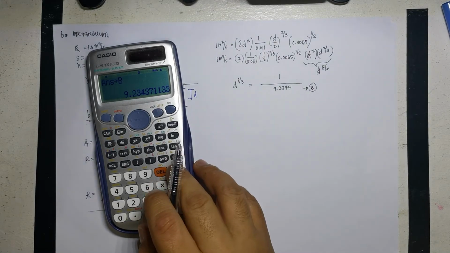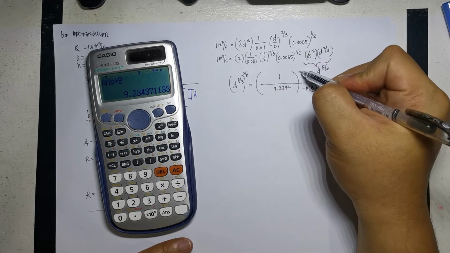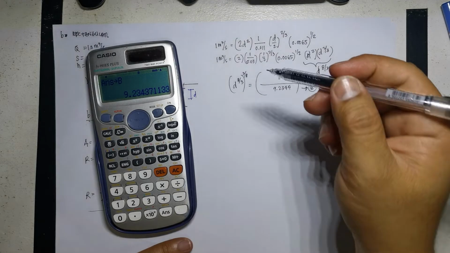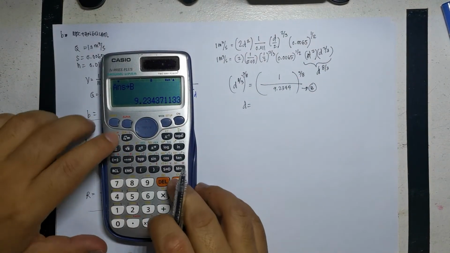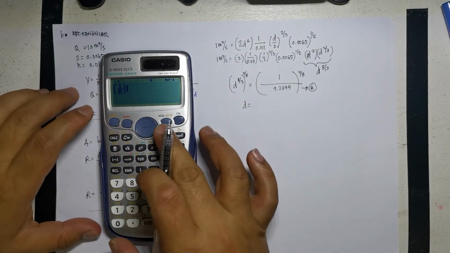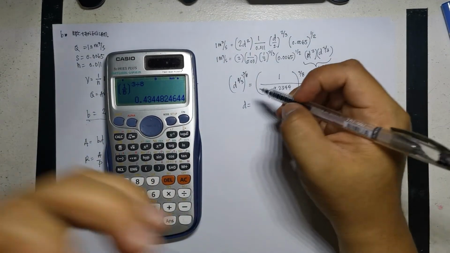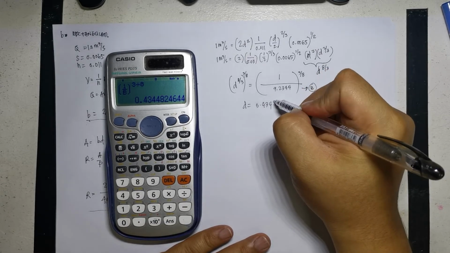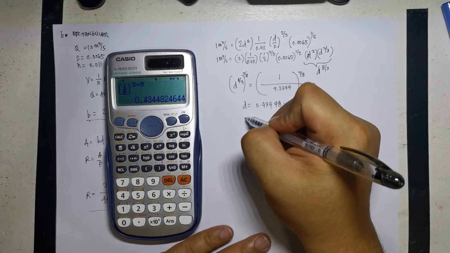So kapag ganun ulit, para ma-eliminate, i-raise natin sa 3 over 8, that will give us the value of D equal to 1 over B raised to 3 over 8. That gives us 0.43448 meters.